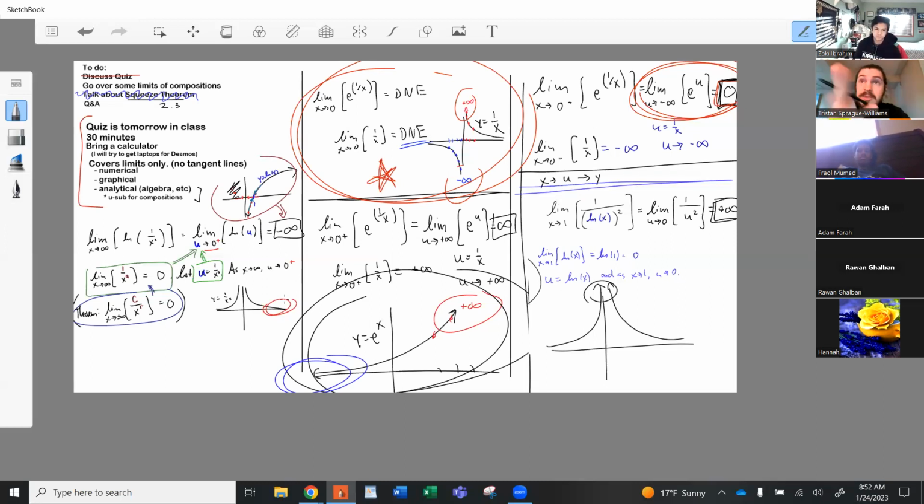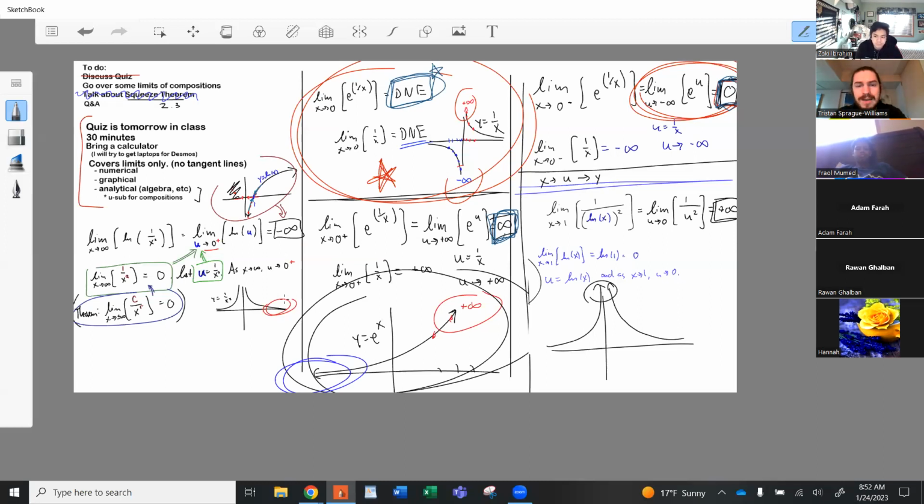At this problem, I just stopped when I got DNE, but actually what we should have done is broken down the left and right sides and then identified, which is why we actually did do that in the subsequent problems, but I kind of presented them as separate problems. But when we broke it down, we got infinity on one side and 0 on the other. The fact that we got infinity and 0, and those are distinct, definitely not the same thing, is maybe a better full explanation of why that overall limit didn't exist.